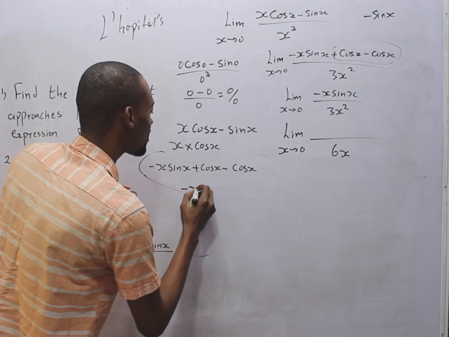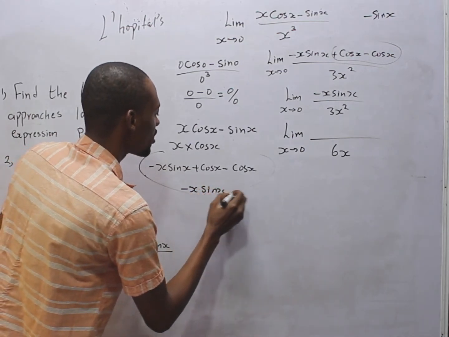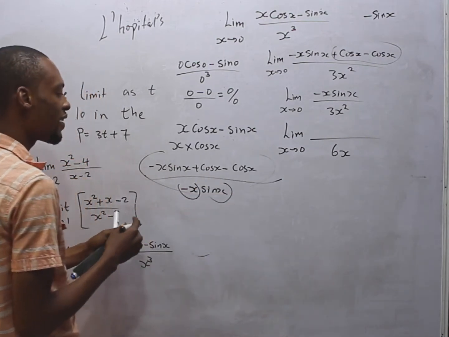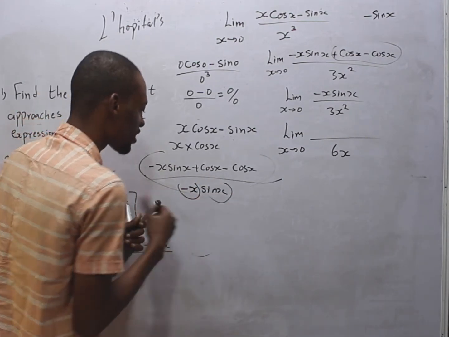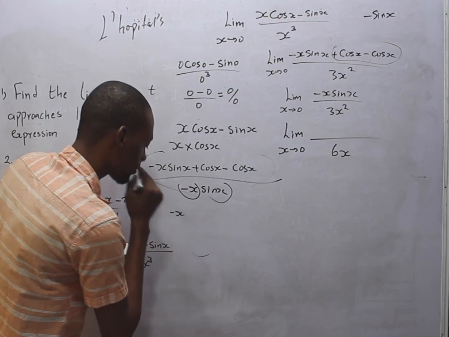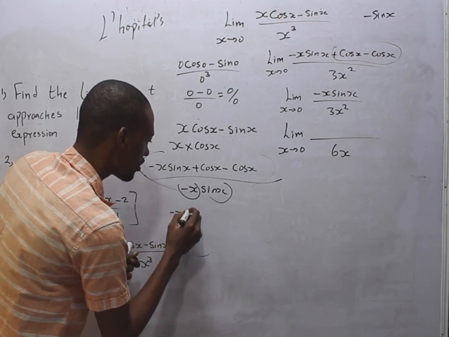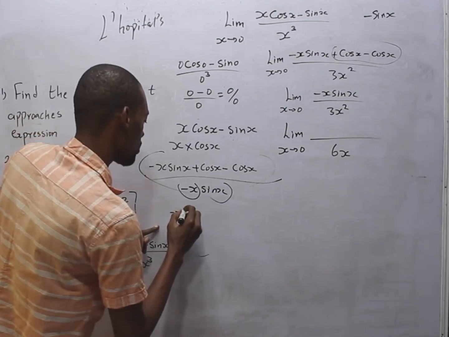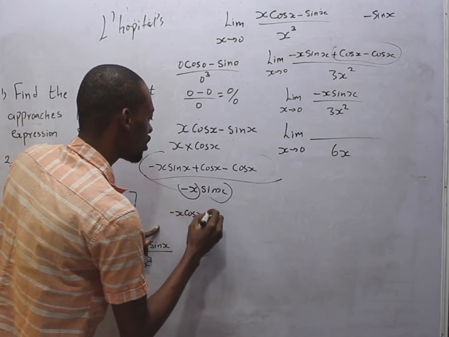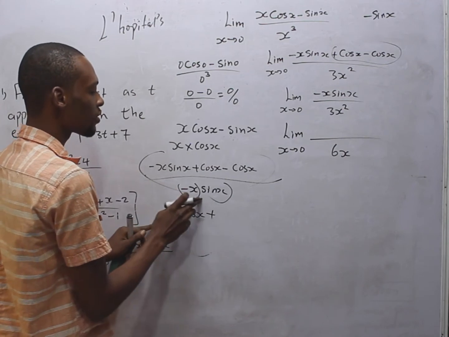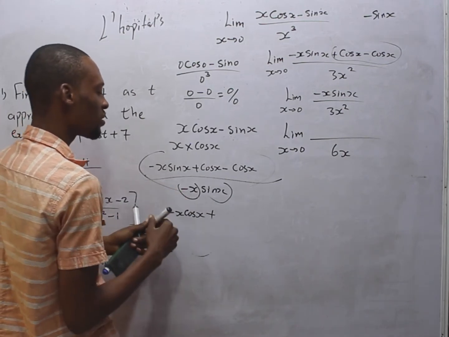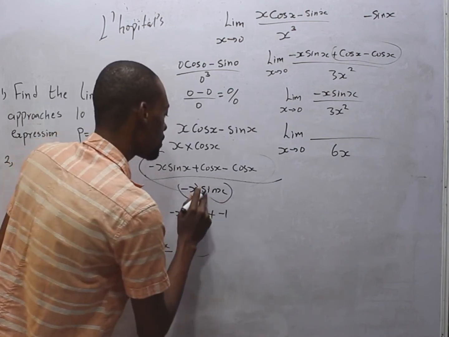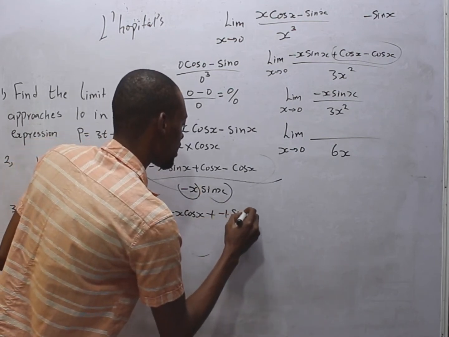So we apply the rule here again. And I told you minus s sine s is a product, which is minus s times sine s. And remember the rule. We keep this constant, minus s, then differentiate this. When you differentiate sine s, you get cos s. So cos s plus you differentiate this. When you differentiate minus s, you get minus 1. Then you keep this constant, sine s.